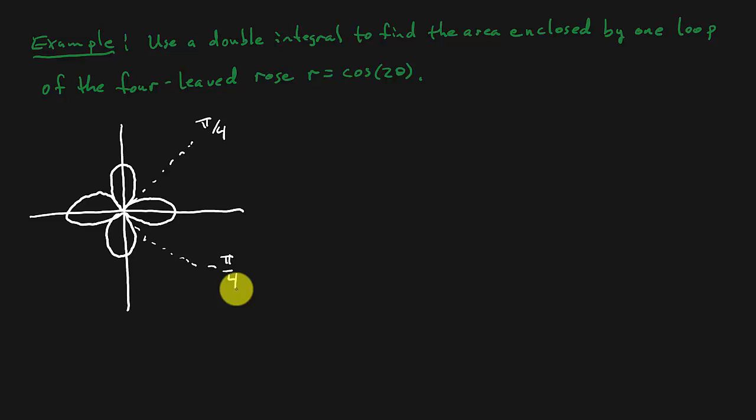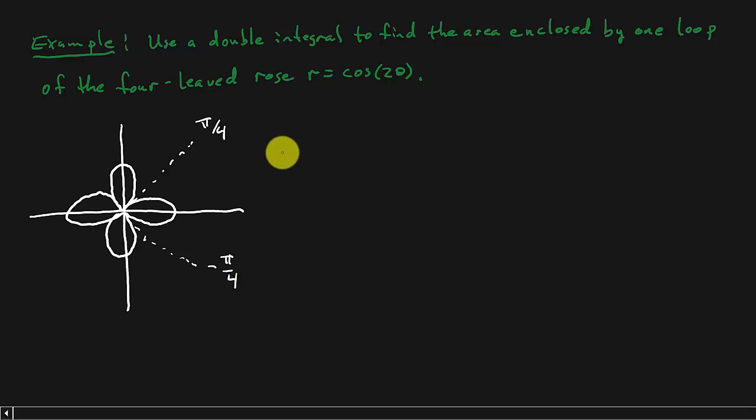All right, so let's see what we have here. You can see we've got our region. We're going from the center out to this graph here. There's our radius. As theta goes around like this, that radius is changing.